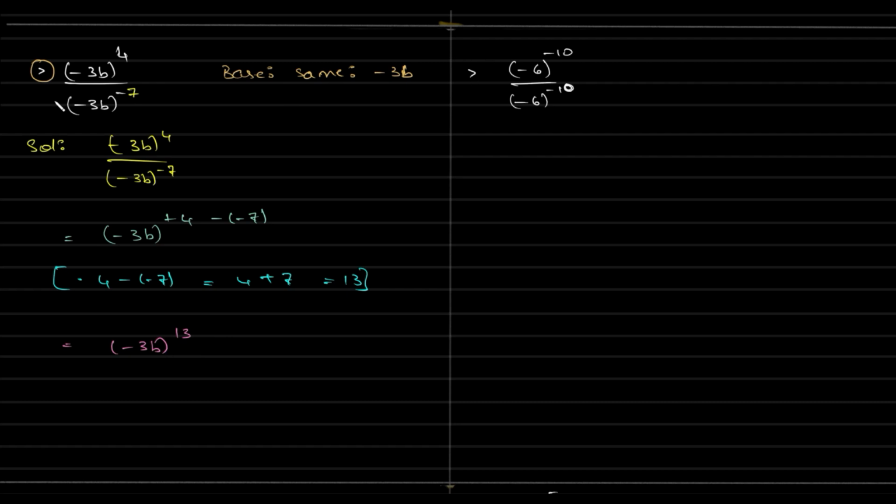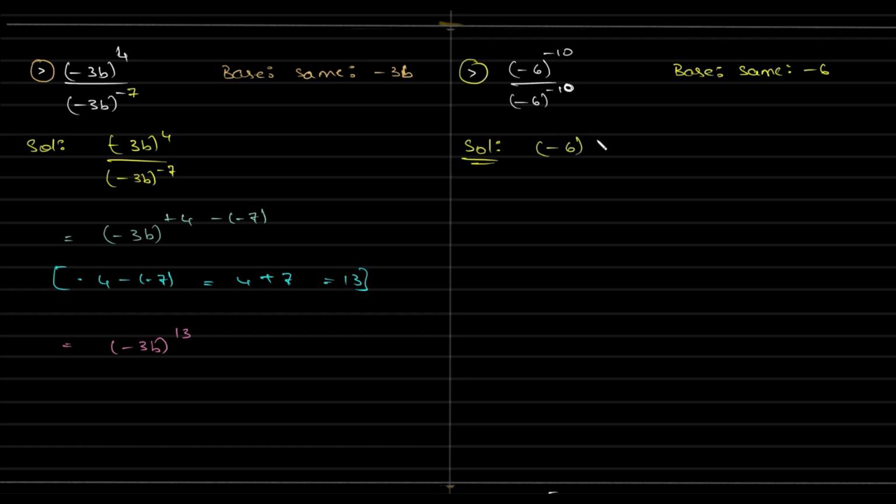The next question is, I hope all of you have tried this and you have an answer in your mind and on paper as well. So we're looking at the base to be the same, and both of them are negative 6.